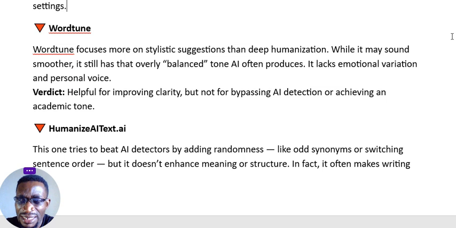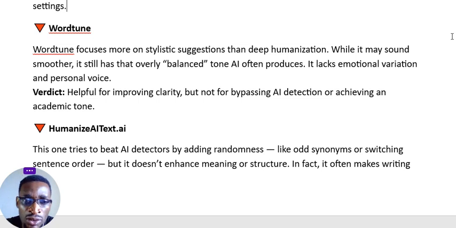It still has this overly perfect tone. Yes, that's the word, overly perfect tone. It wants to be perfect. It lacks emotional variations and personal voice. Now, this is my verdict. It's helpful for improving clarity, but not bypassing AI detection or achieving an academic tone.